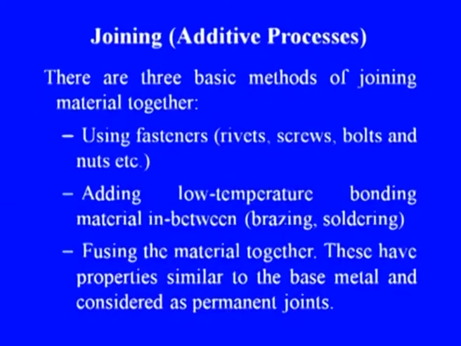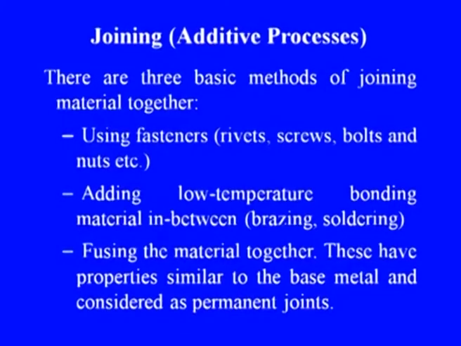Let us move on to joining processes, which are also called additive processes. There are three basic methods of joining material together. Number 1, using fasteners like rivets, screws, bolts and nuts, etc. Number 2, adding low temperature bonding material in between, like in brazing and soldering.